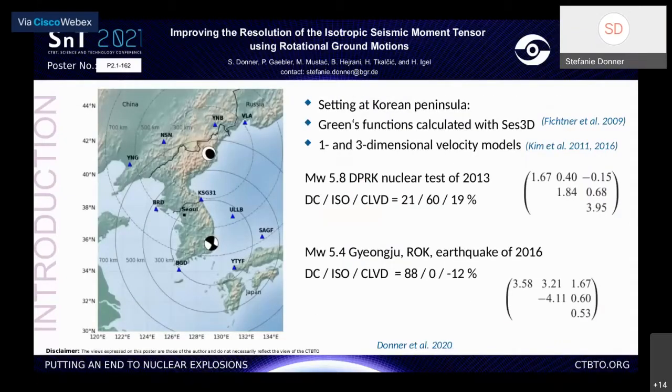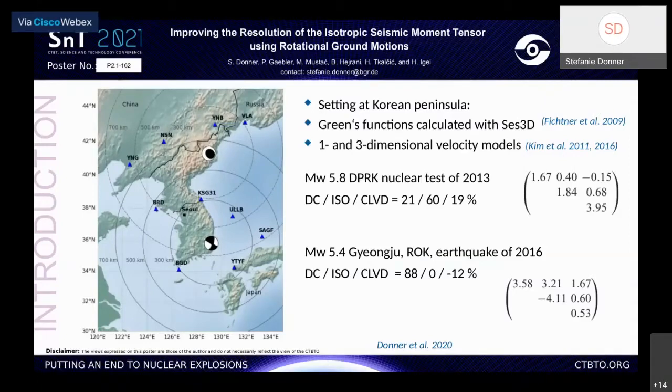Here we show this with a synthetic test which is set up in the Korean peninsula. We use two events, namely the nuclear test from 2013 in the north and a strike slip earthquake from 2016 in the south. We have inverted 3 component waveforms using only the translational data, and also 6 component waveforms, which is translational plus rotational component waveform data.